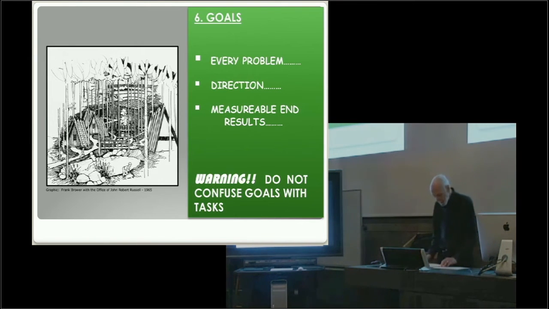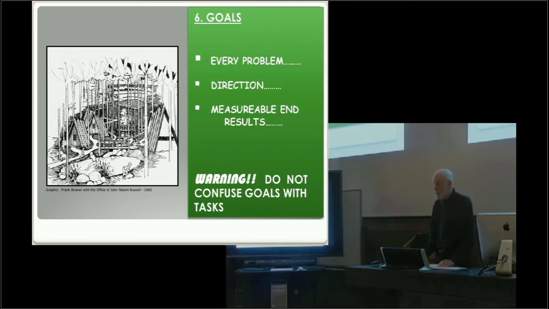Goals. Every design problem will generate a set of goals which determine the direction in which the project is headed. Remember, goals are measurable end results the designer, the community, the client wish to achieve.